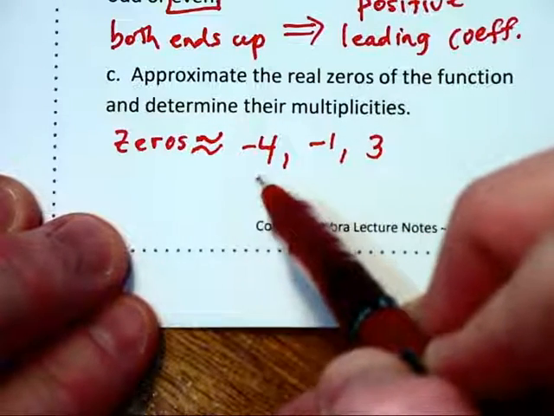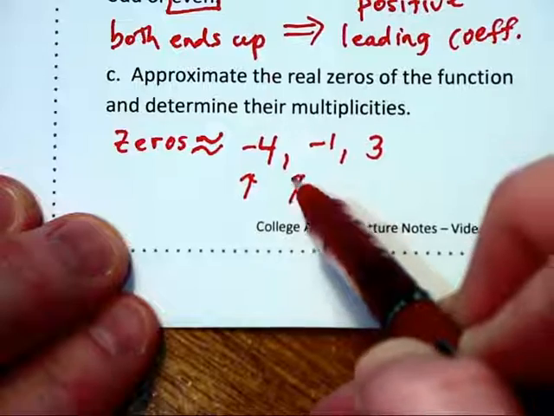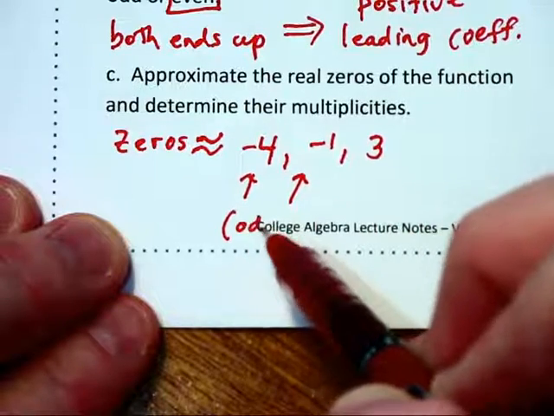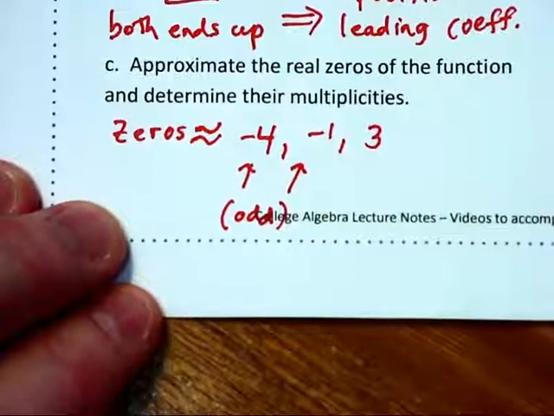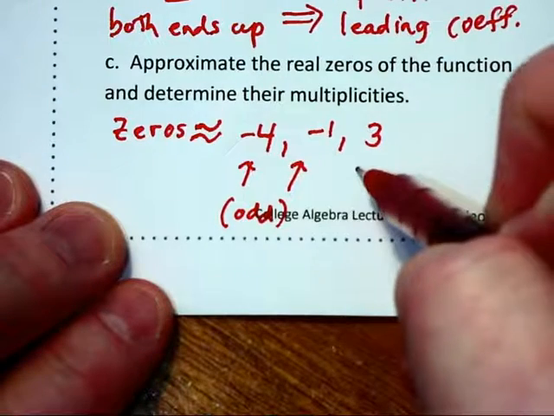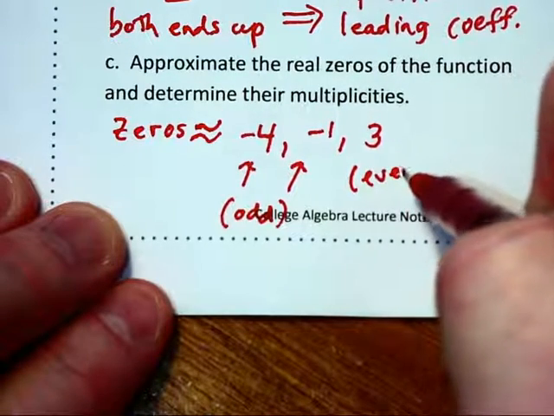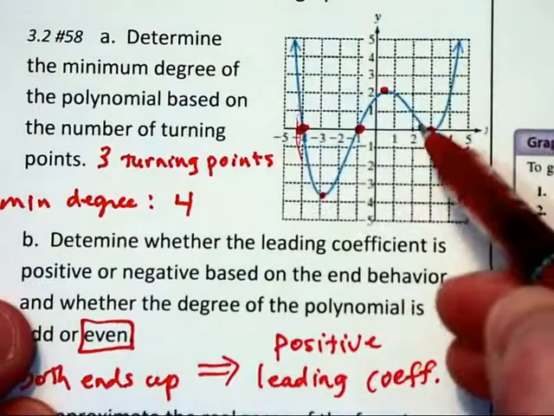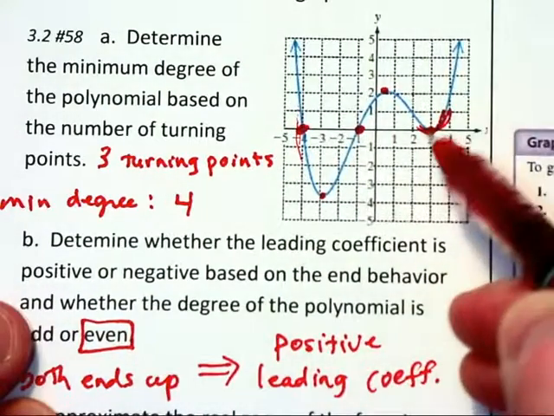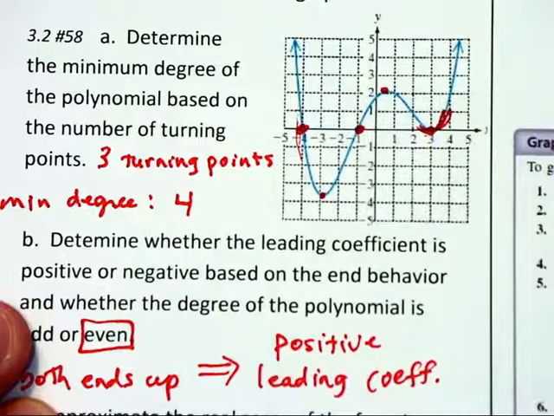Because these first two crossed through the graph, they are going to show up an odd number of times, having an odd multiplicity. But 3 is going to have an even multiplicity because at 3, the graph turned around and just touched the x-axis there.